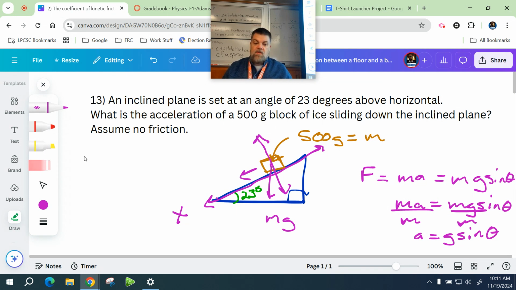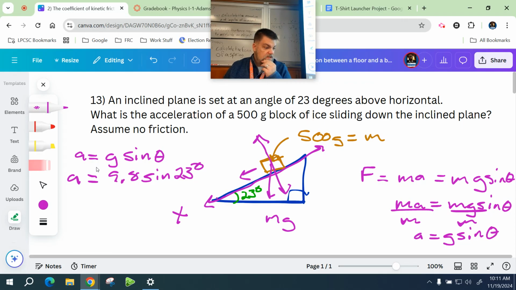So then my acceleration of that block is going to be g times sine of theta, or 9.8 times sine of 23 degrees.